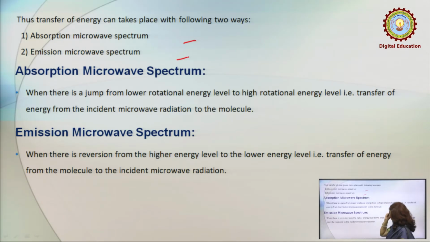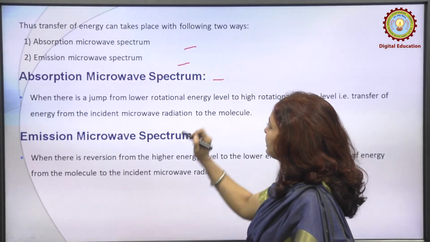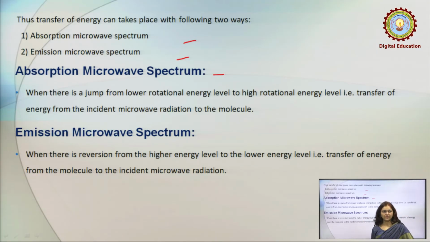First of all, this is your absorption microwave spectra. When there is a jump from a lower rotational energy level to a higher rotational energy level, that is transfer of energy from the incident microwave radiation to the molecule, then it is called absorption microwave spectrum.